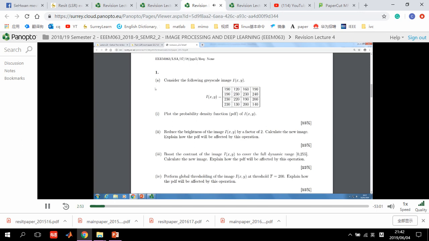Now, reduce the brightness of the image, I of xy, by a factor of 2. Calculate the new image. So what is the PDF going to do if we reduce the brightness of the image by a factor of 2? What does brightness reduction do to an image? Yeah, it shifts it. It doesn't multiply it, doesn't scale it, it shifts it.